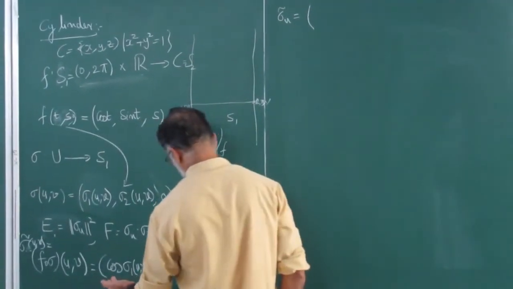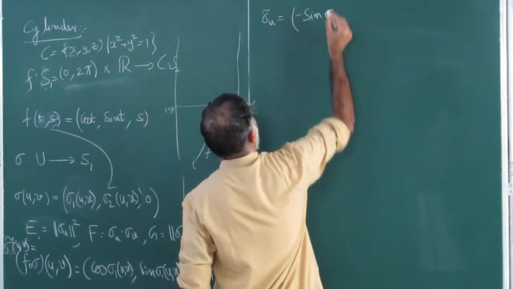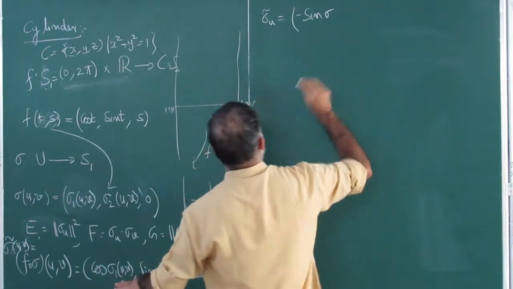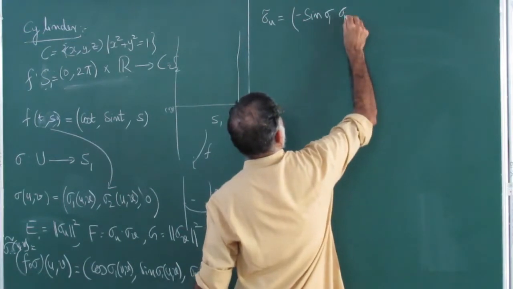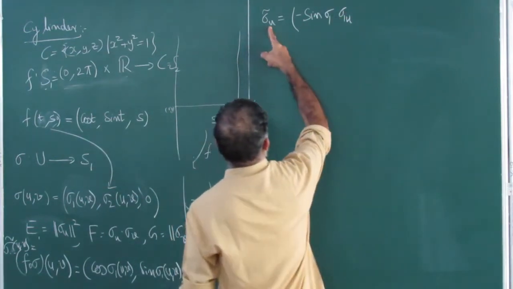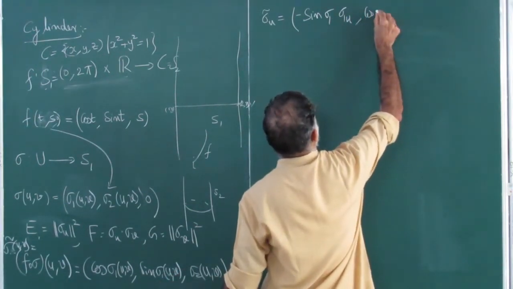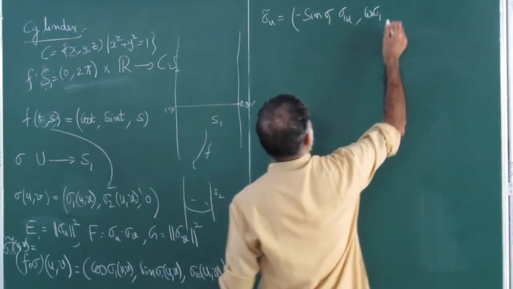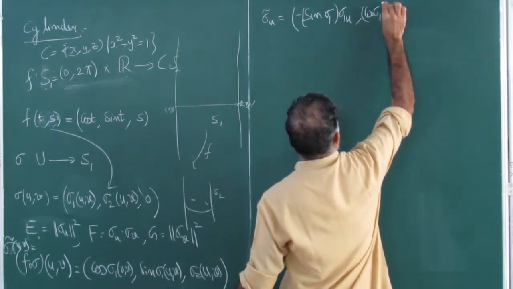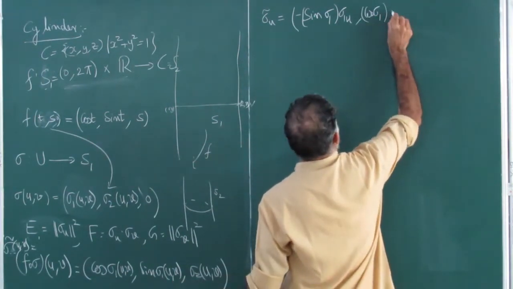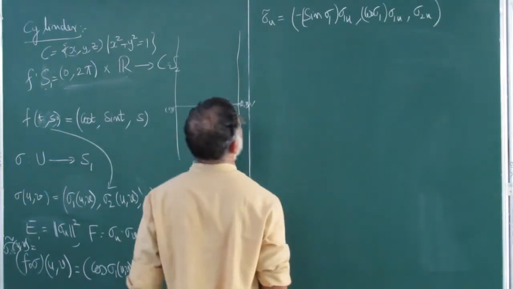Cos becomes minus sine sigma 1, multiplied by the derivative, sigma 1 u with respect to u, comma, sine becomes cos sigma 1 into sigma 1 u, and this is sigma 2 u.